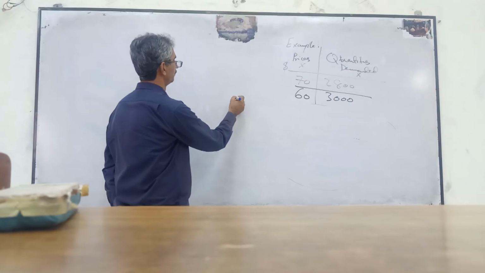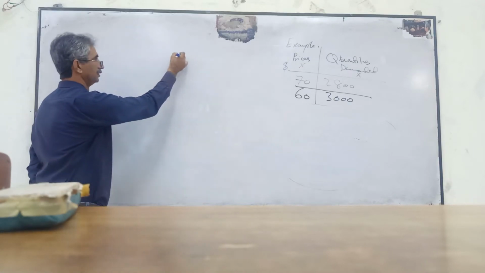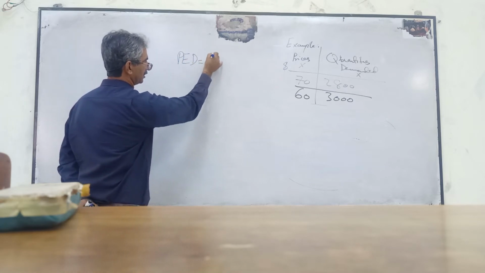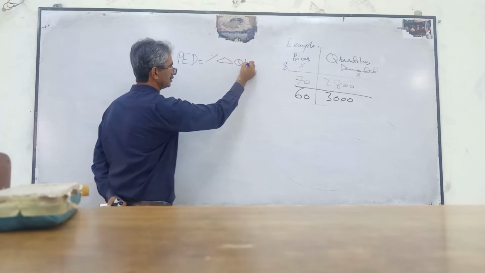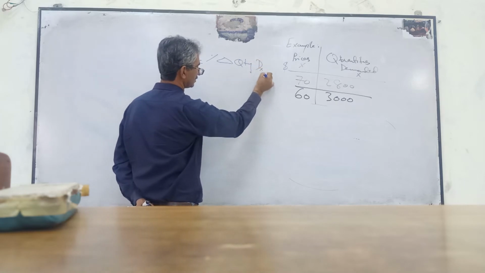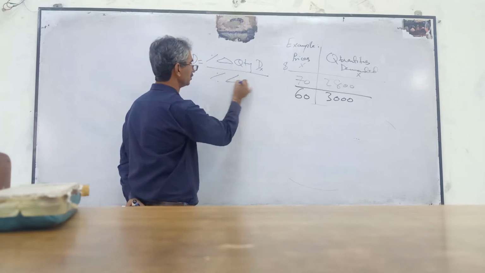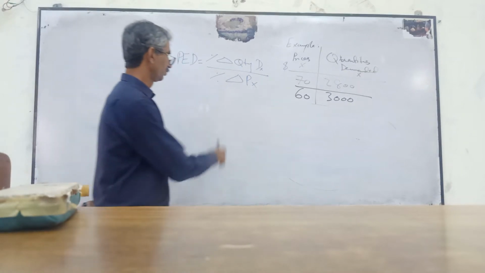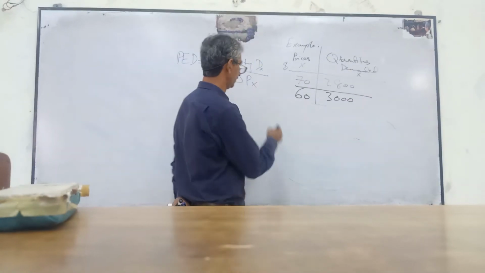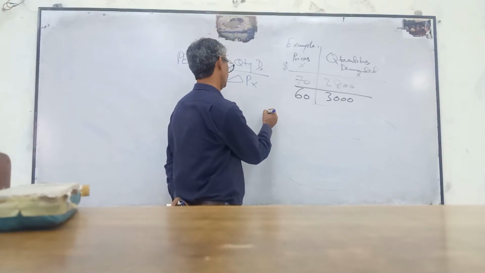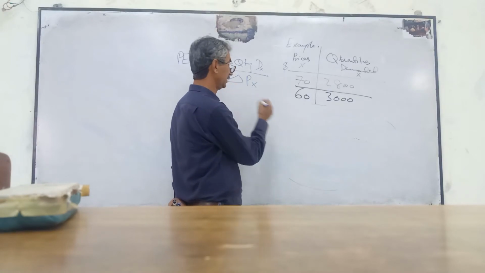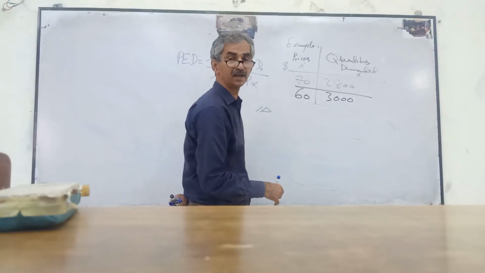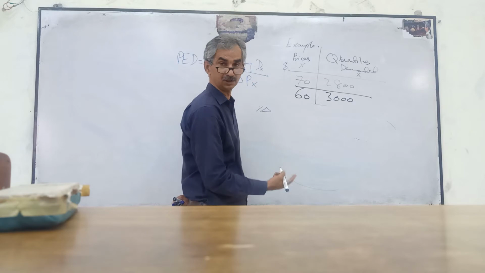Price elasticity of demand is percentage change in quantity demanded of X divided by percentage change in price of X. Through the first method, the percentage method, first we need to calculate the percentage change. This is the delta sign.